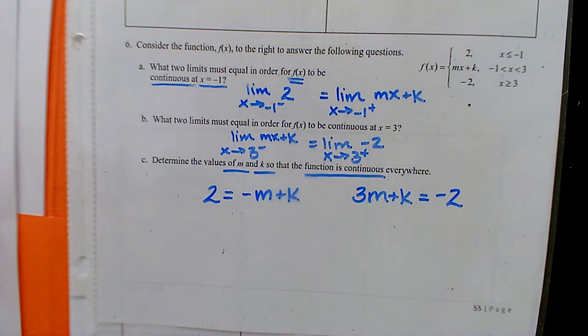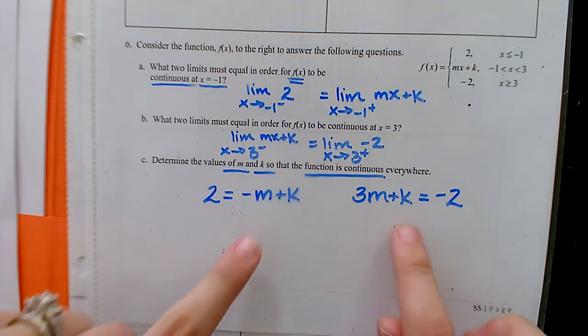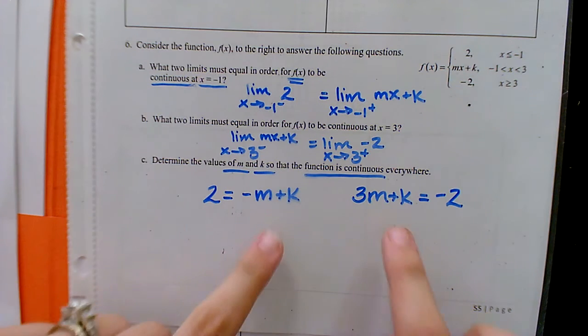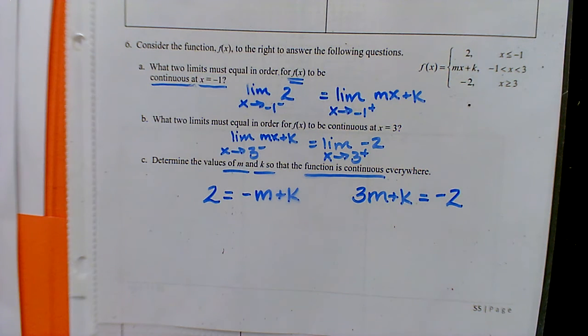So if our goal is to figure out what is m and what is k, and we now have these 2 equations to possibly utilize, what can we do with those 2 equations to eventually figure out m and k? What are some techniques or algebraic steps that you can use? What do you think, Vinny?